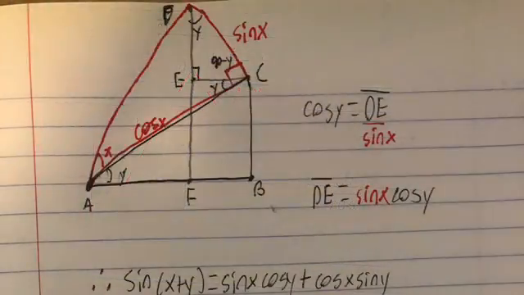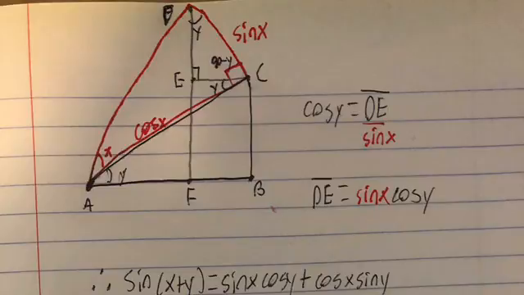Now that we've found one half of the proof, we can move on to finding the value of line segment DE. Now we know that the line segments AB and EC are parallel, and that the line segment AC is a transversal, meaning the angle y at CAB is the same as the angle ACE.